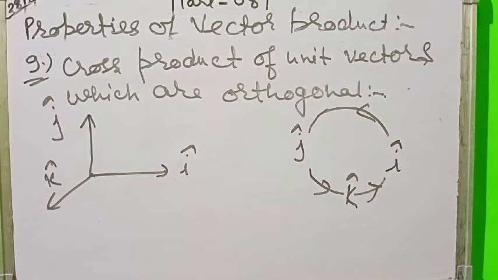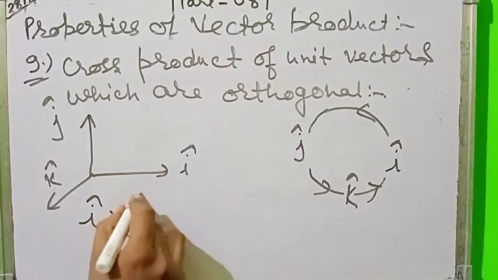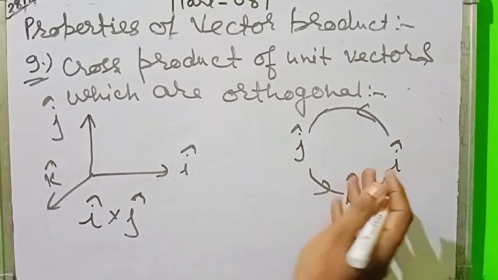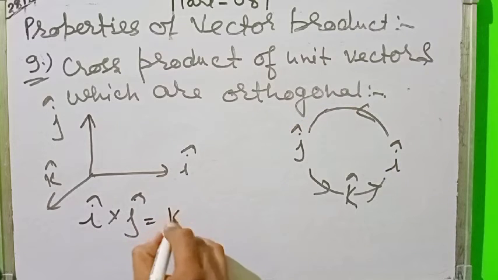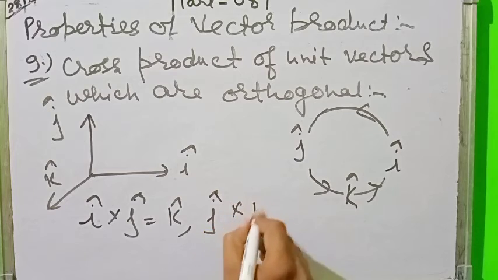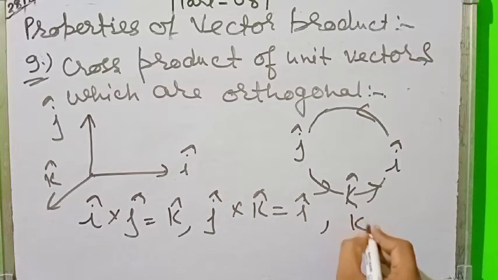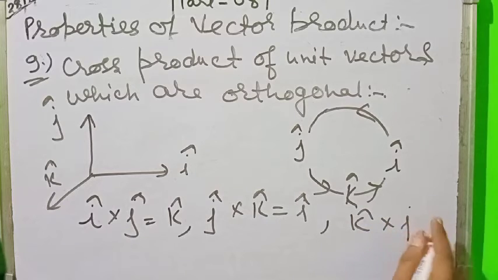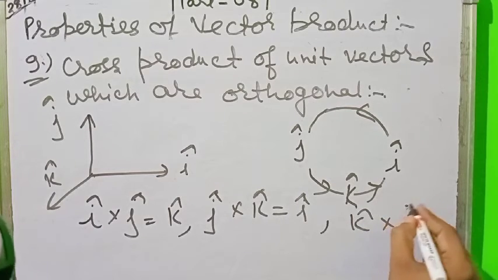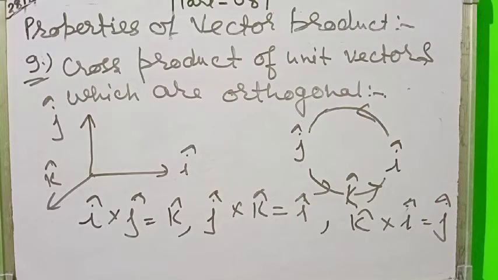To remember: i cap cross j cap, going anti-clockwise, is equal to k cap. j cap cross k cap is equal to i cap, and k cap cross i cap is equal to j cap.